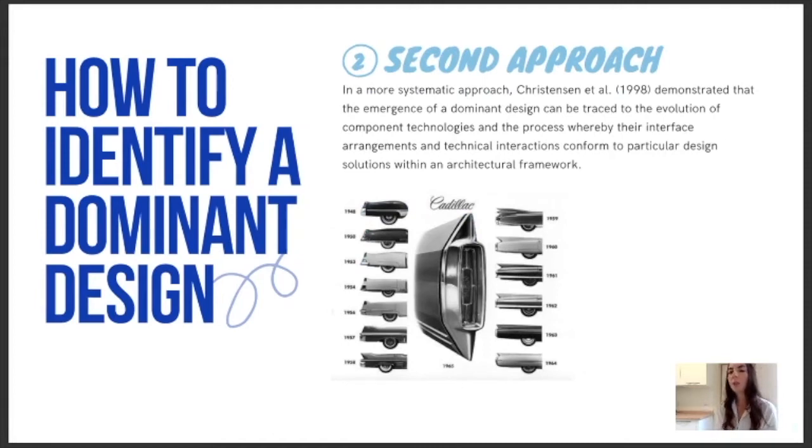Demonstrated that the emergence of a dominant design can be traced to the evolution of component technologies and the process whereby their interface arrangements and technical interaction conform to a particular design solution within an architectural framework. So managers should be aware of some factors that may be essential in the formation of a dominant design.